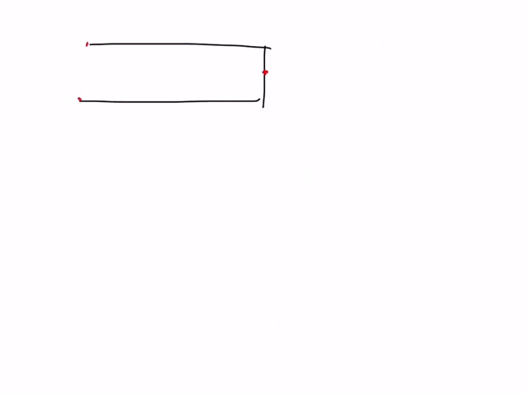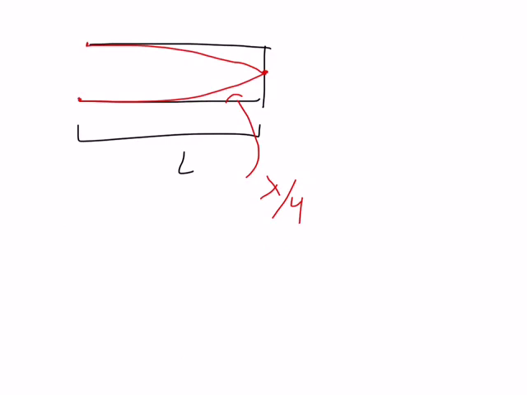If that is the case, our standing wave will look something like this, where this whole thing is length L, and the red bit is not L, it's 1/4 of a wavelength. Or we could do it where it's 3/4 of a wavelength, which would also satisfy those node and antinode rules, or 5/4 of a wavelength, and so on. So there's a relationship between L and the wavelength because we have a standing wave.